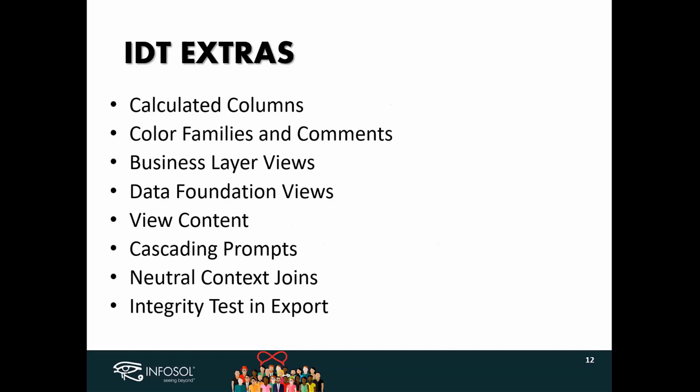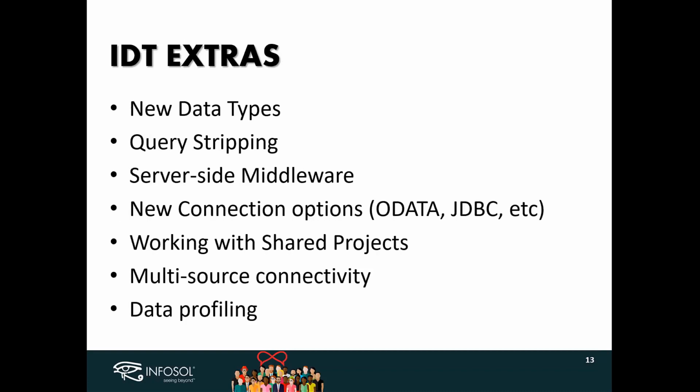You can use cascading prompts. Other than exclude and include, you can use neutral context joins. There are new data types, new server-side middleware, and new connection types like Snowflake, Big Data, and Google BigQuery. There are a lot of new options in the connections.